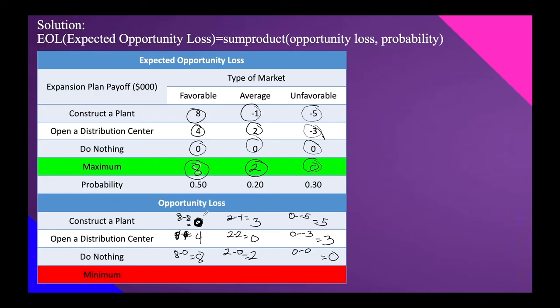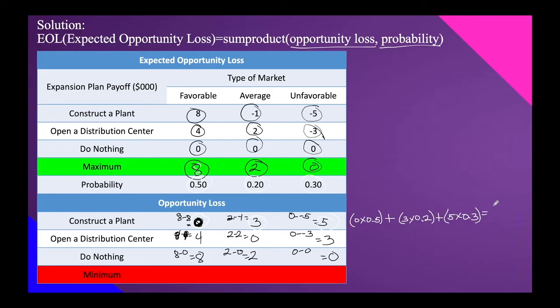So, let's have here 0 tapos 0.5. 0 times 0.5 plus 3 times probability. That is the opportunity loss, 3. And next, we have the probability, which is 0.2. Plus, we have 5 times the probability for unfavorable market, 0.3.